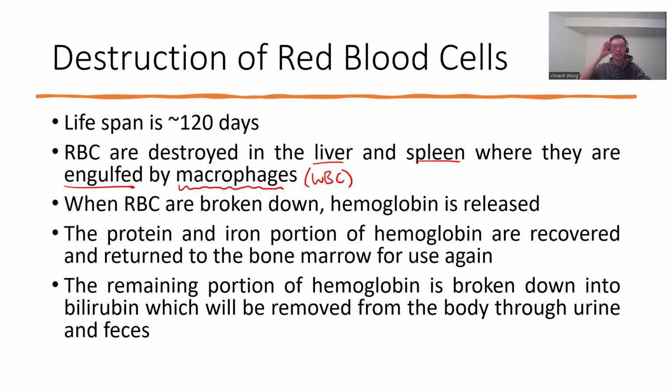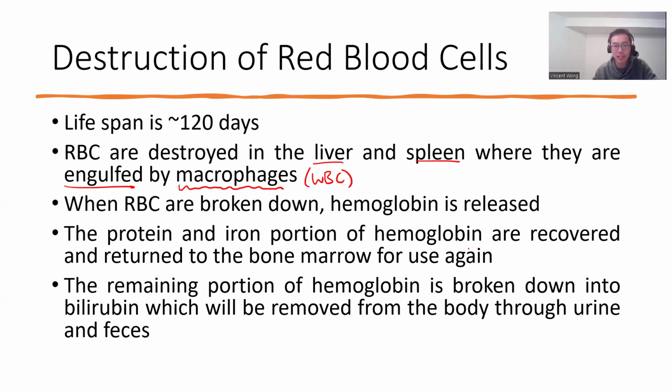When you break down the red blood cells, the hemoglobin is released. Hemoglobin is made up of proteins, and it also has iron in it. And so you would recover the protein, you recover the iron, and return them to the bone marrow to use it for making more hemoglobin.